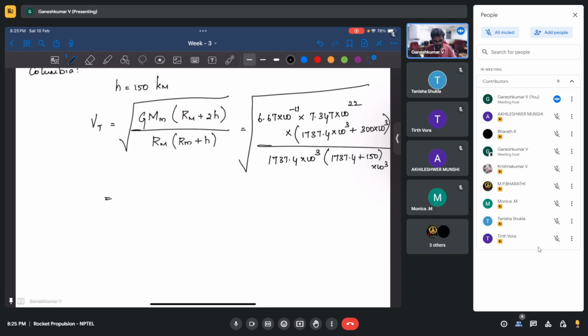See how much I'm getting. 6.67 into 10 power minus 11, 7.347 into 10 power 22, 173.